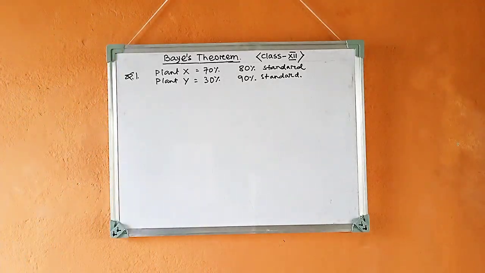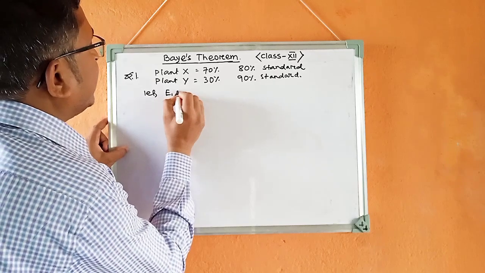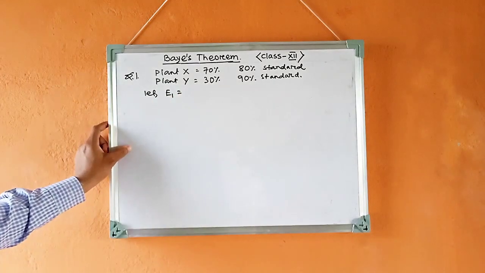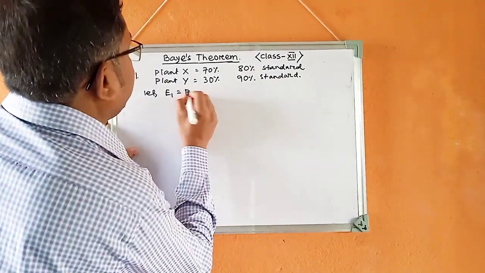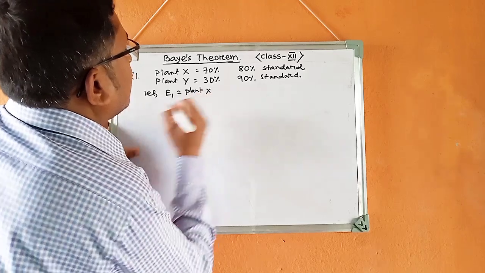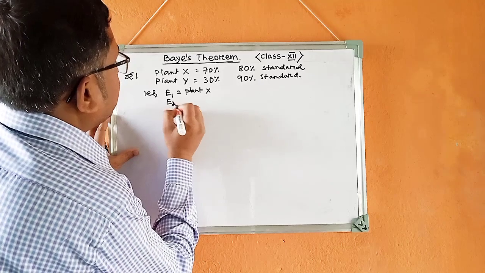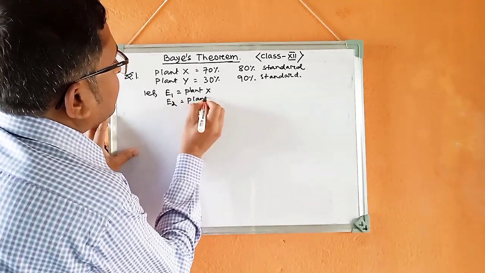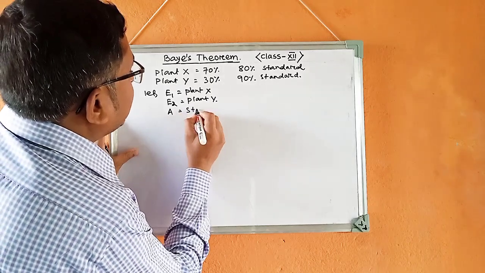Now see, let E1 be the event that the car is manufactured by plant X, E2 the event that the car is chosen from plant Y, and A the event that the car chosen is of standard quality.